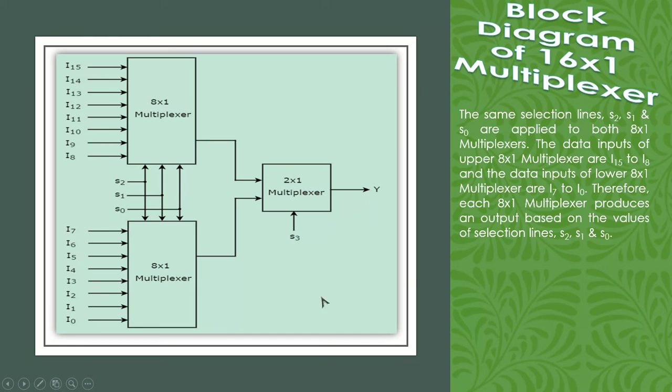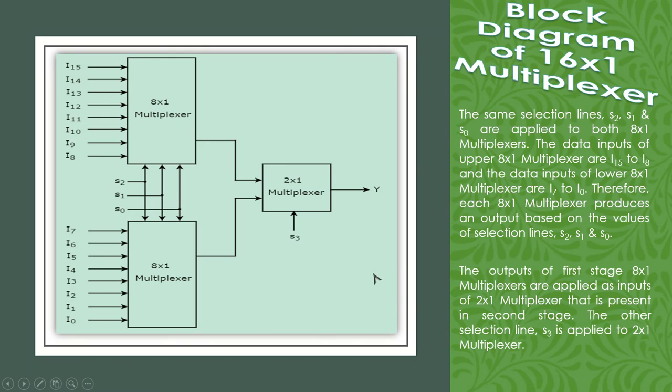Therefore, each 8 into 1 multiplexer produces an output based on the values of the selection lines, that is S2, S1 and S0. The outputs of the first stage 8 into 1 multiplexers are applied as the inputs of the 2 into 1 multiplexer that is present in the second stage. The other selection line S3 is applied to the 2 into 1 multiplexer.